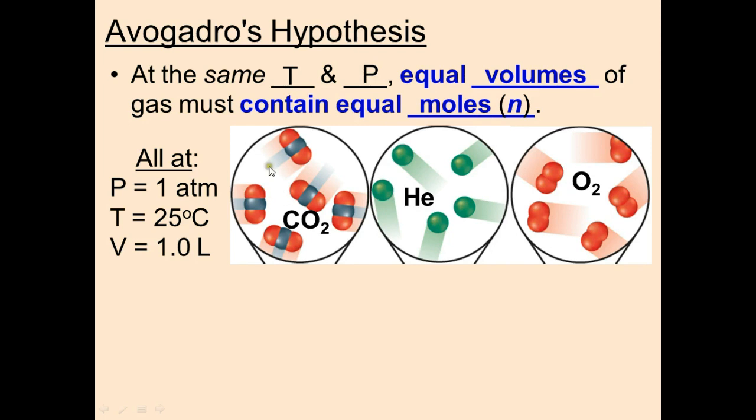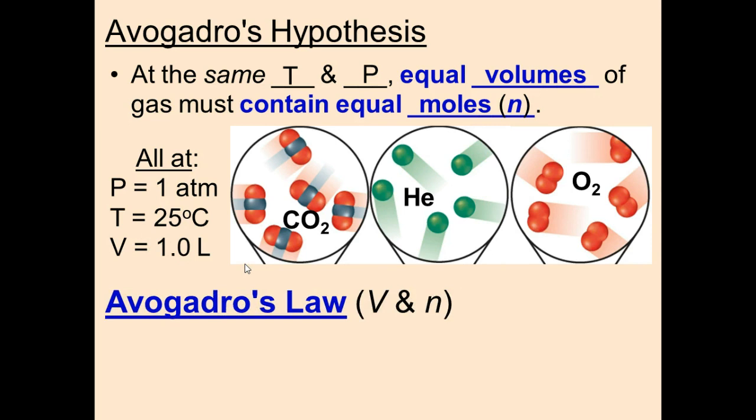So if you have the same speed and equal volumes and the same pressure, there's an equal number of molecules or moles in this. This all has to do with the same number of collisions and the same force pushing down, so they're always the same volume. He figured out that at 1 atm and 25 degrees Celsius, with a volume of 1 liter, we have a certain number of moles, which is pretty cool.